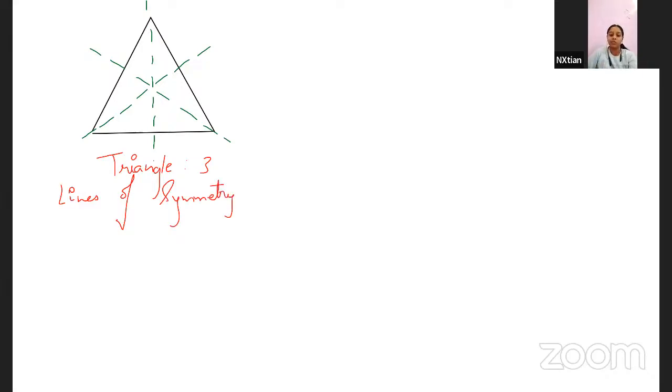Then we have some figures which have four lines of symmetry, such as a square.